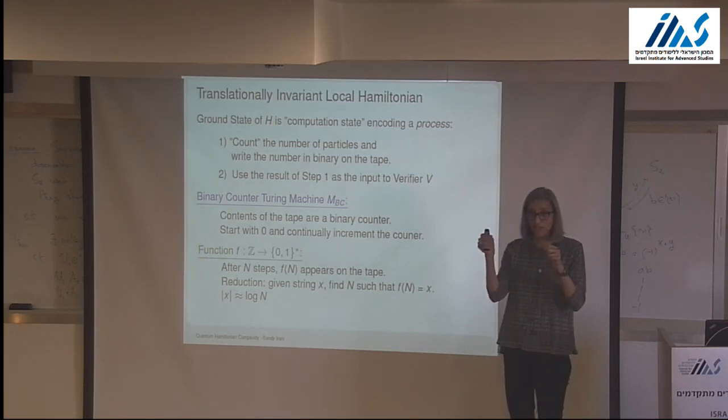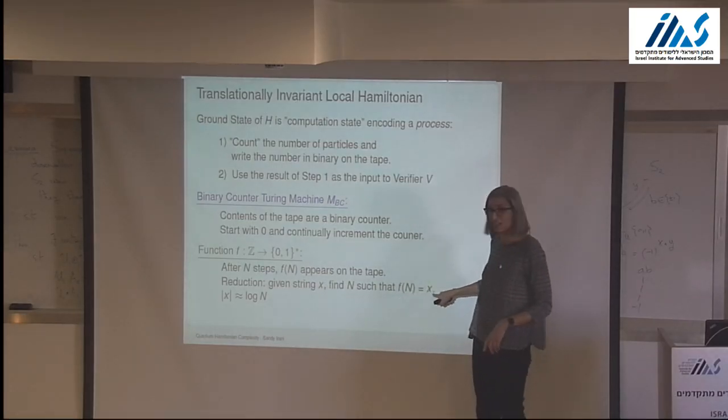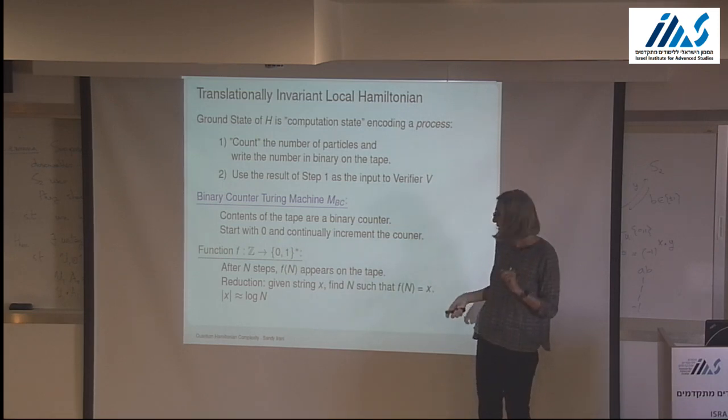There's some overhead in executing this addition every time because you may have to sweep over log n bits. So it's not going to be exactly n, it's going to be n over log n-ish. But it's computable.